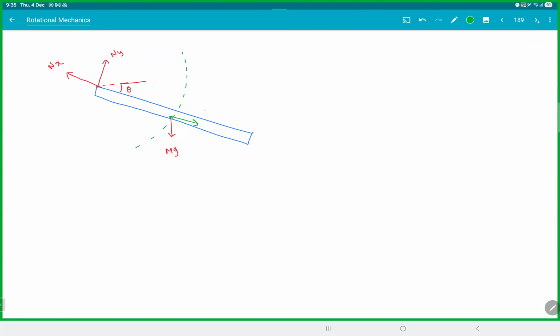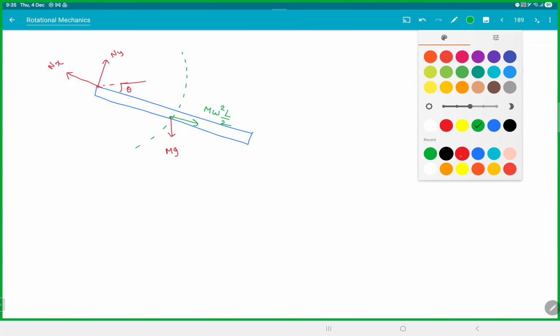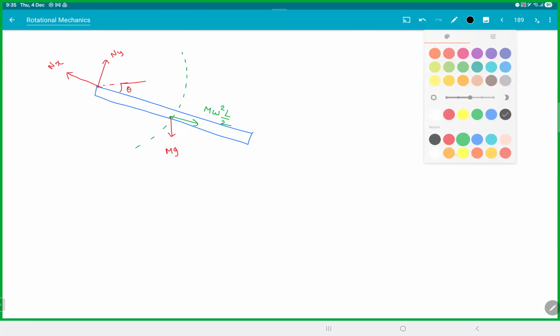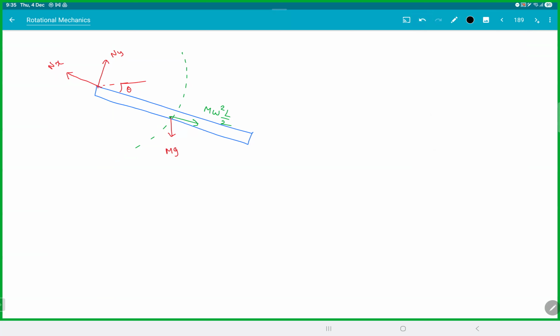The centrifugal force. And what are the components of mg? This is theta. This is 90 minus theta. Nx, Ny.